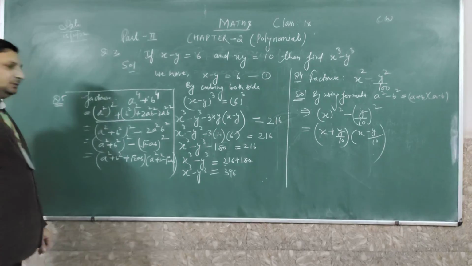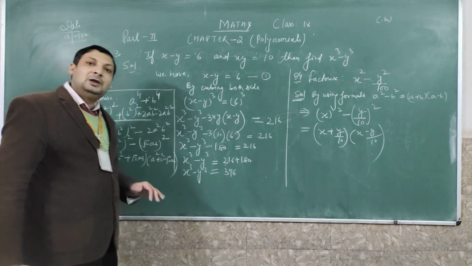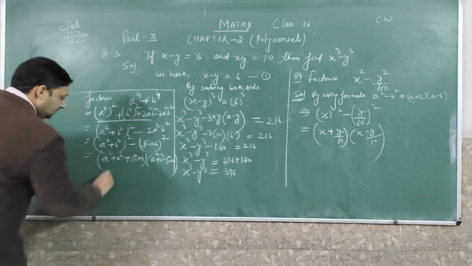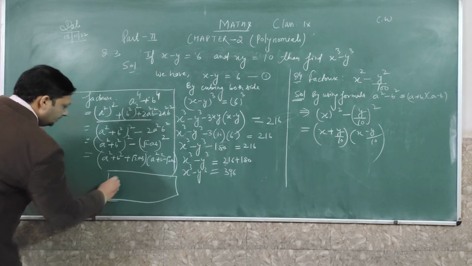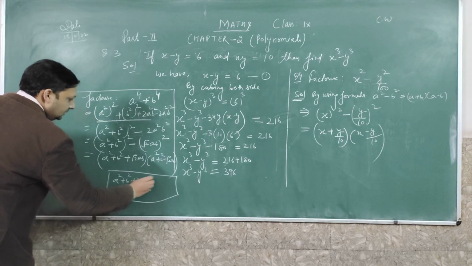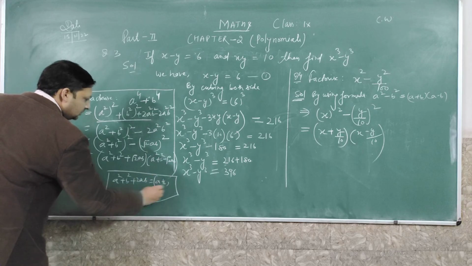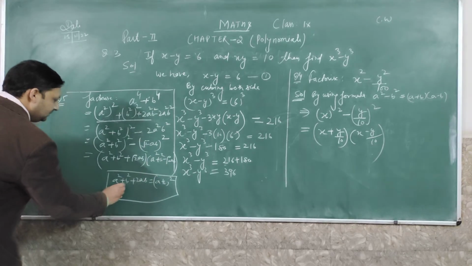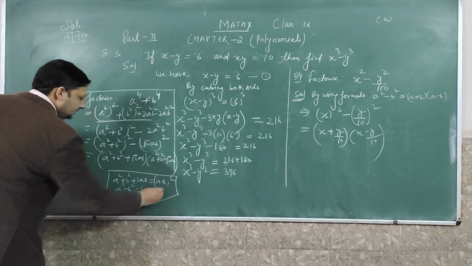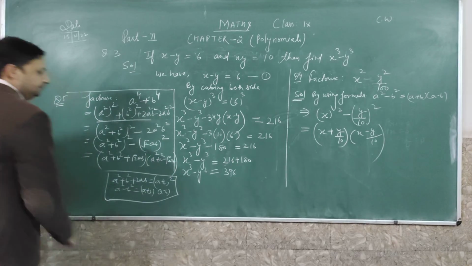In this question we have used two formulae: a square plus b square plus 2ab equal to a plus b whole square, and a square minus b square equal to a plus b or a minus b.